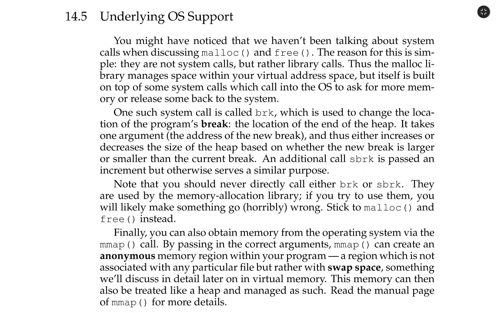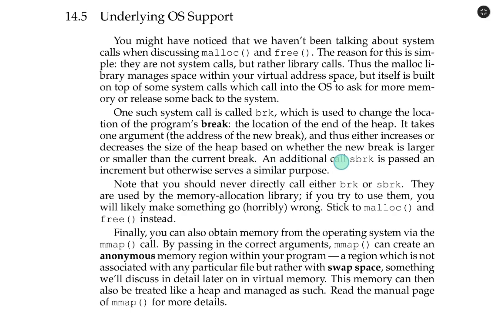One such system call is called brk, which is used to change the location of the program's break: the location of the end of the heap. It takes one argument, the address of the new break, and thus either increases or decreases the size of the heap based on whether the new break is larger or smaller than the current break.